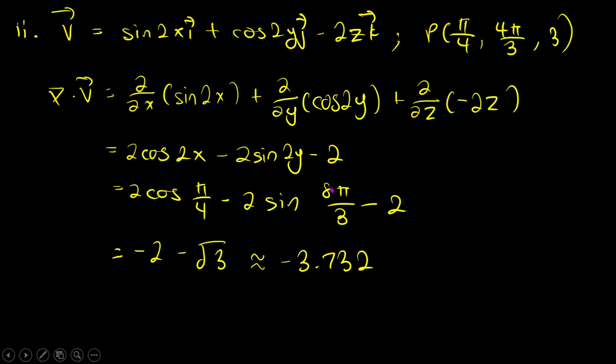Don't forget to substitute. This is supposed to be pi over 2, and this is supposed to be pi over 2. This will become 0, and we get negative 2 minus root 3, which is approximately negative 3.732.